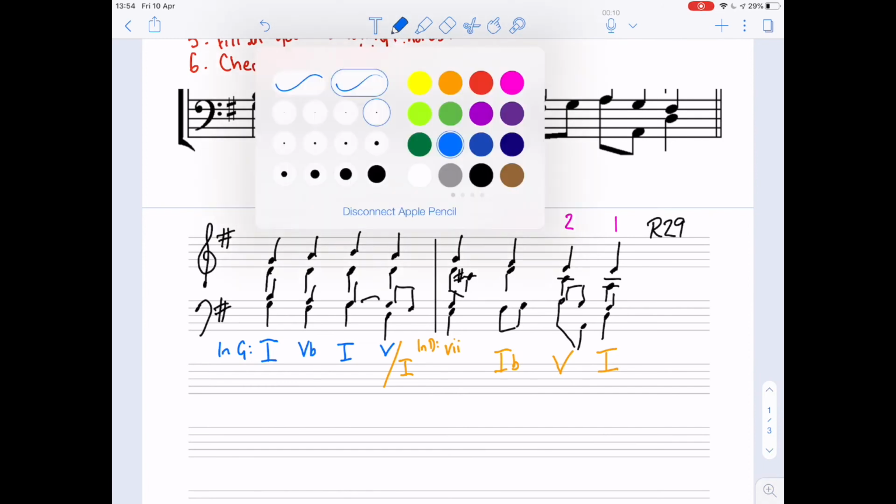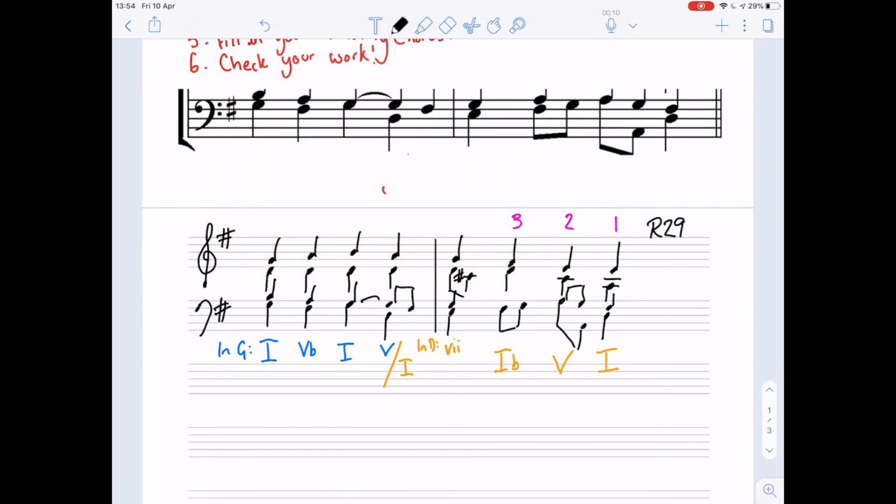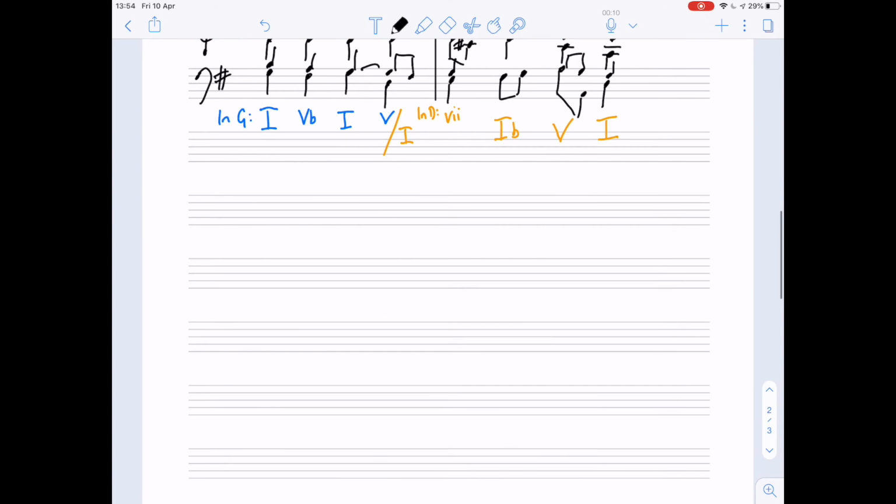And the reason for that is, if I was to write out my scale of G major, and then write out my scale of D major, I don't know why I've given that one a stem and none of the others.